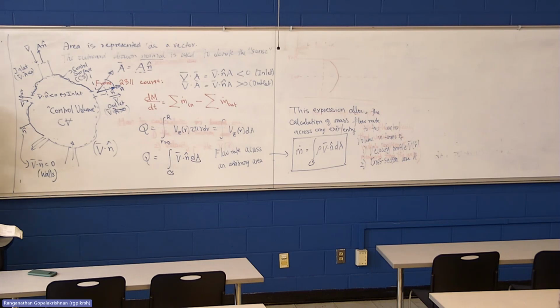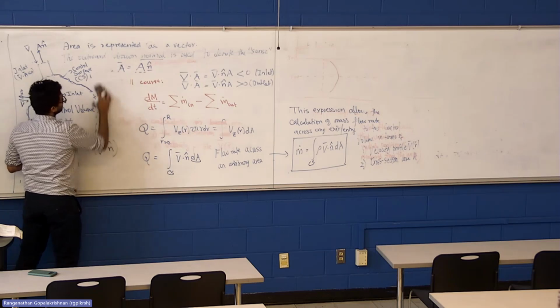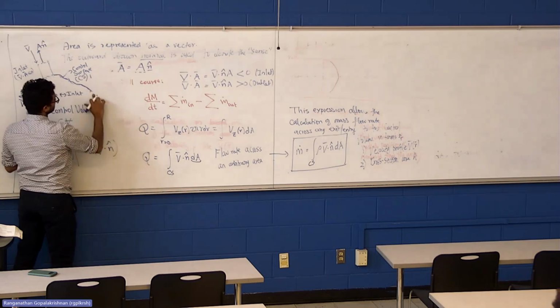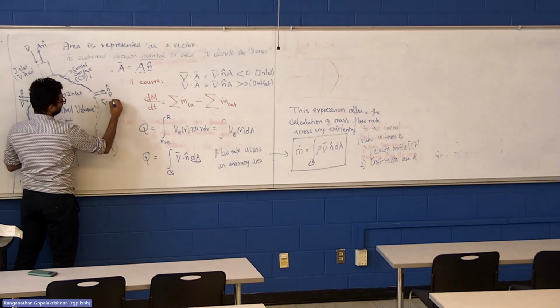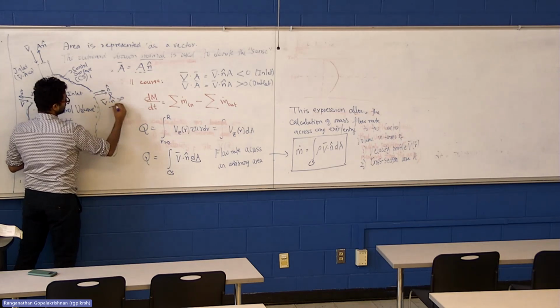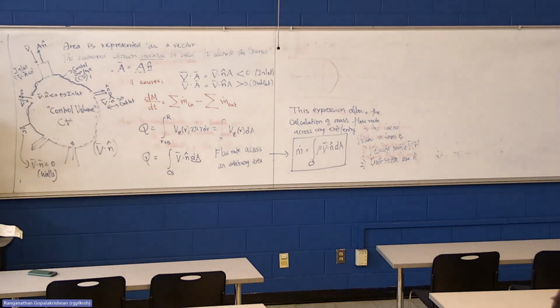Just reinforcing this, same thing for an outlet. If this is an outlet, n cap is drawn this way, velocity is pointing outwards, V dot n is positive. If it is an outlet, V dot n is positive by convention.